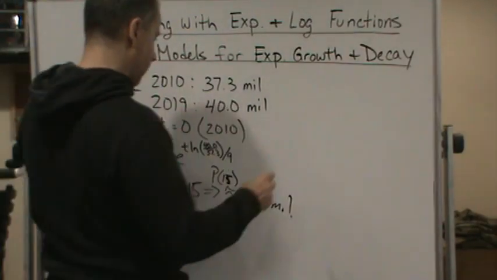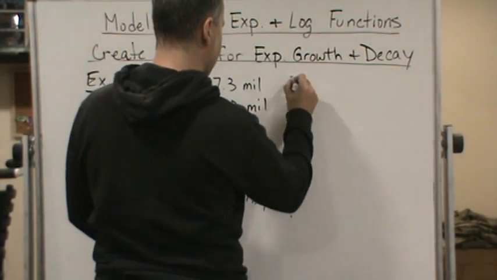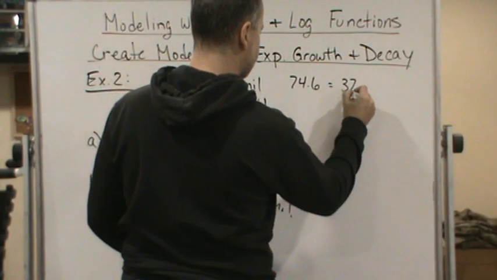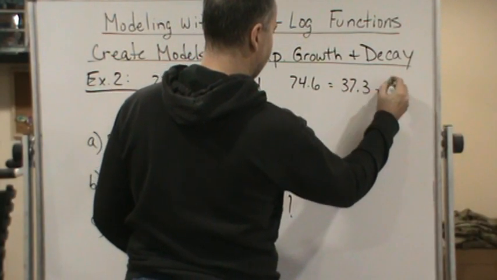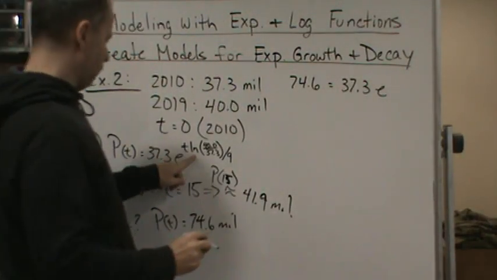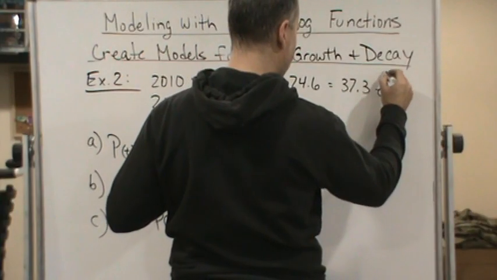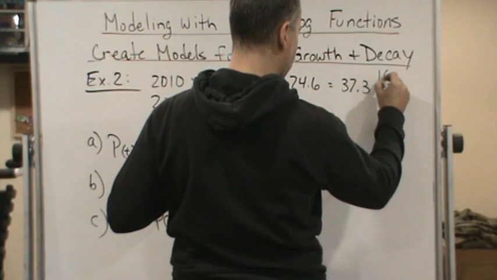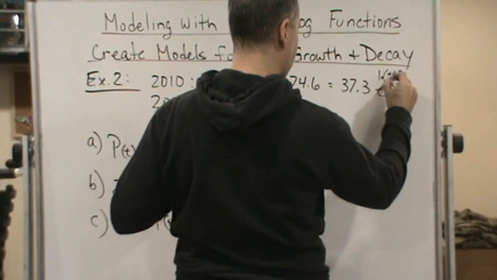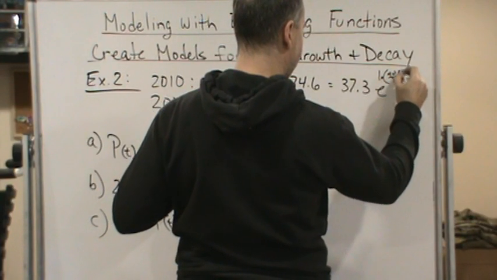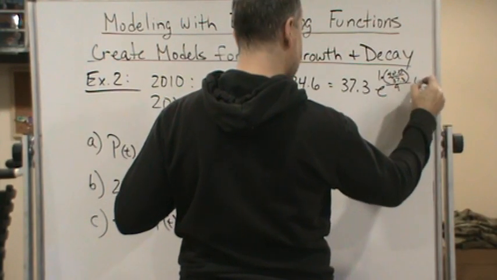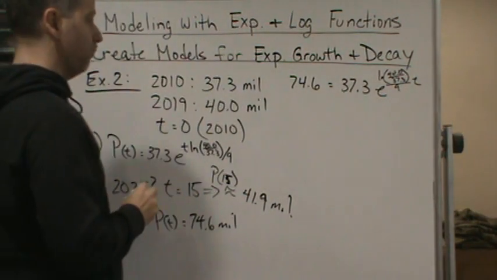Now we want P of t to be 74.6, so 74.6 is going to equal 37.3 e to the what? Well, now we have our k value, which is the natural log of 40.0 divided by 37.3, divided by 9, and we have t. So we're solving for t now.